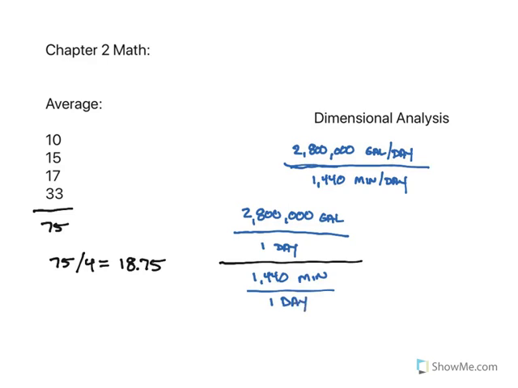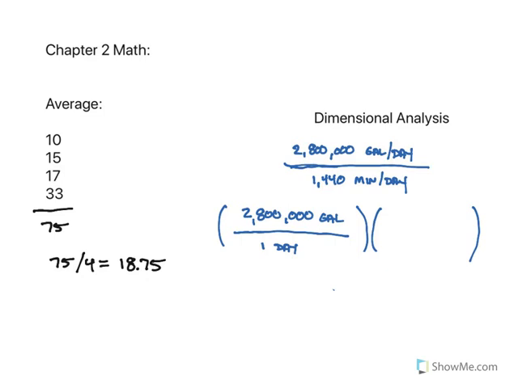But remember in the PowerPoint I mentioned that when you are dividing by a fraction, what you're really doing is multiplying by the inverse of that fraction. So another way to write this problem would actually be 2,800,000 gallons divided by 1 day times the inverse, or 1 day divided by 1,440 minutes.